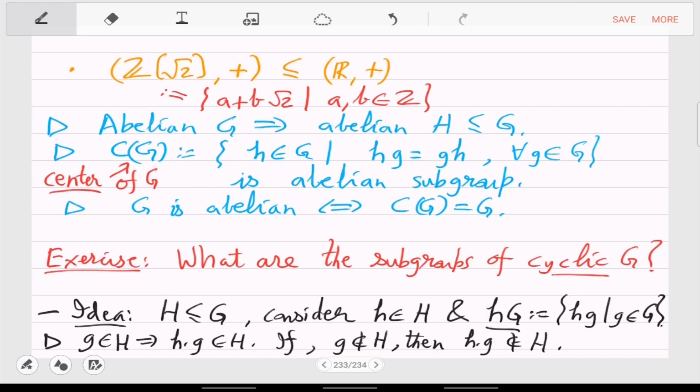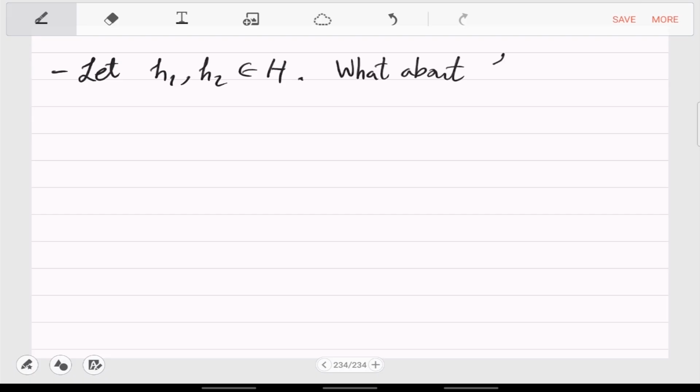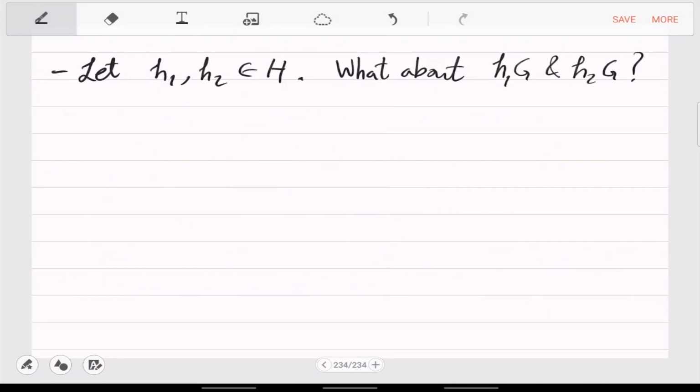That is one thing. The other thing is, what can you say about two elements? Let's say h1, h2. We take two elements in the subgroup. What about h1 g and h2 g? So these are two sets.